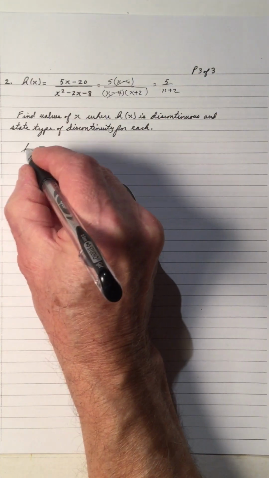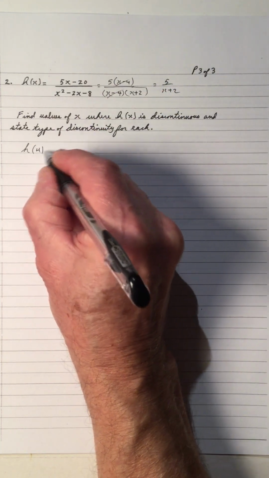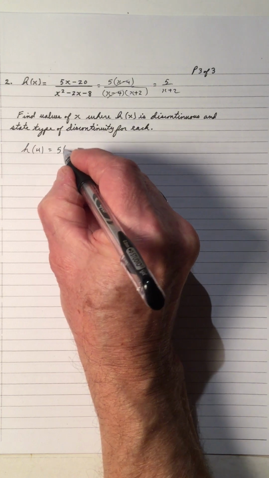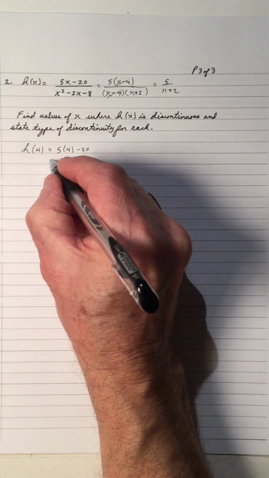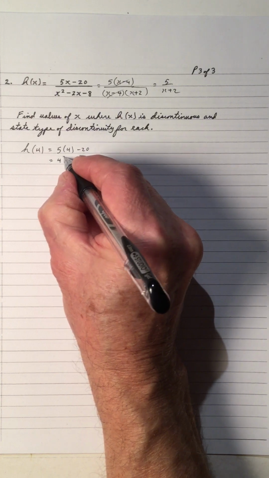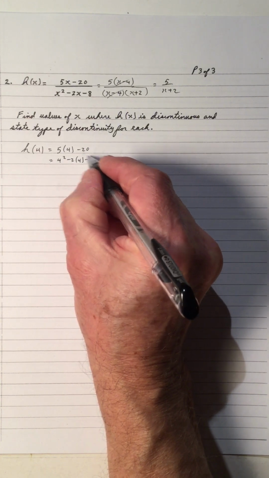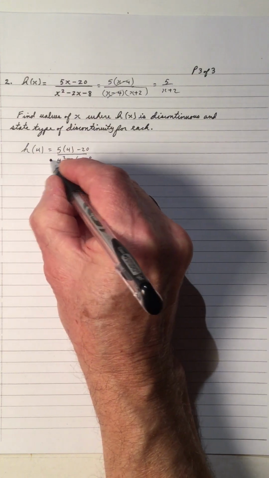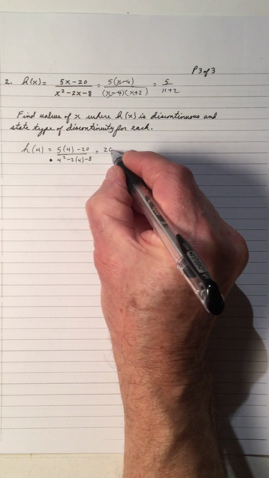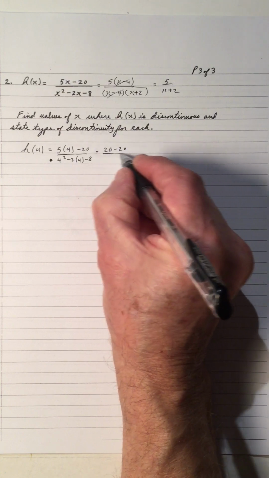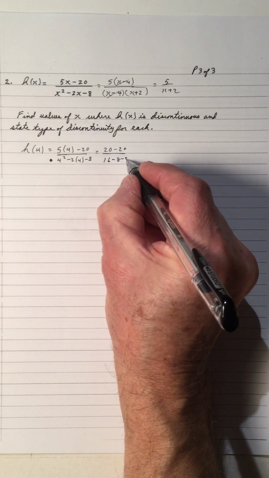But before we do that, let's look at h of 4. We're putting 4 back into the original expression. On top we get 20 minus 20, and on the bottom 4 squared minus 2 times 4 minus 8, which is 16 minus 8 minus 8.